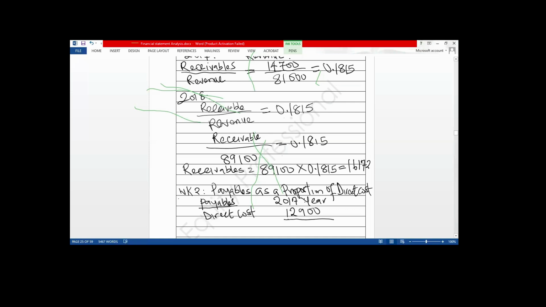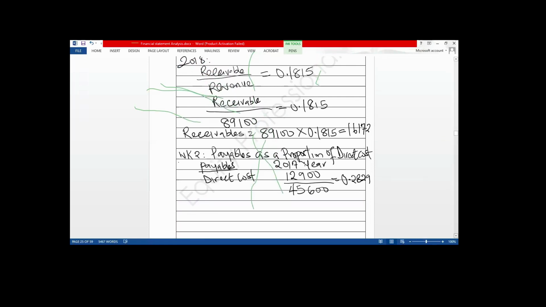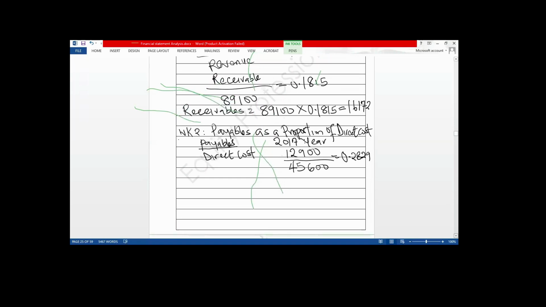Direct cost for 2017, 45,600. Please determine the ratio. This will give you 0.2829. Examiner said this ratio will remain unchanged. You can now move to 2018.